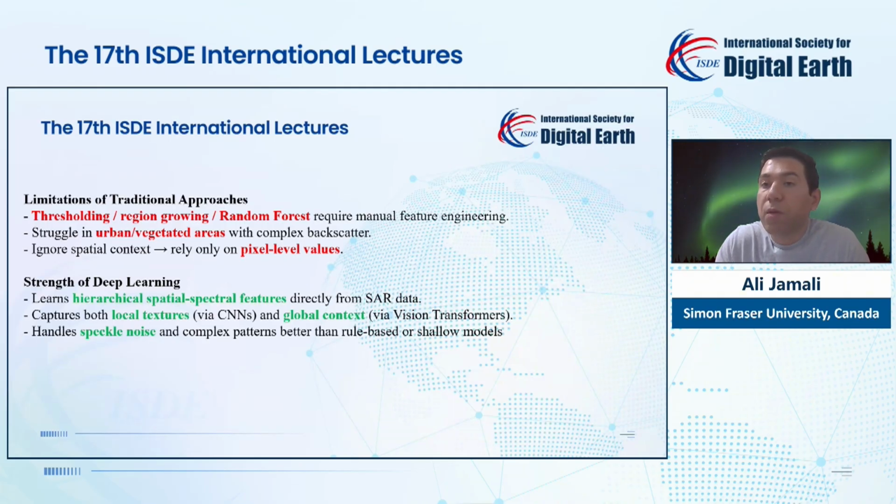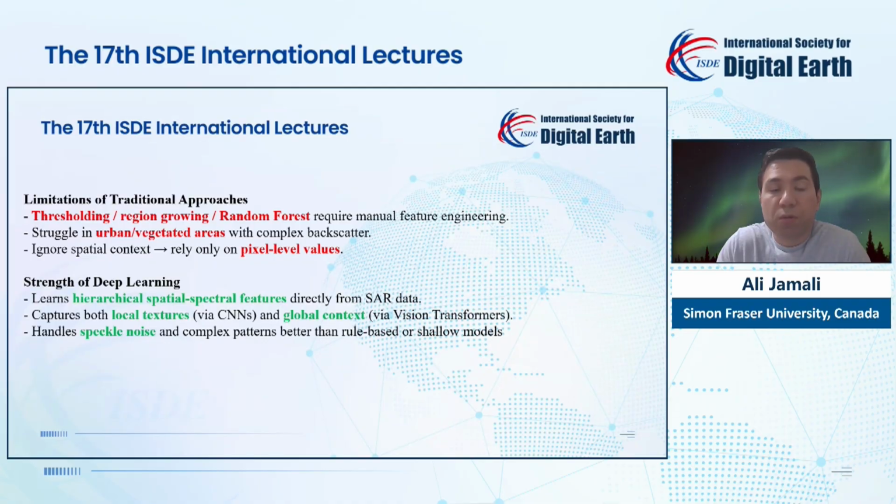The traditional algorithms like thresholding, region growing, and random forest, some of which were mentioned by Dr. Armin, require manual feature engineering. Some may struggle in urban and vegetation area recognition due to the complexity of backscatter signals.